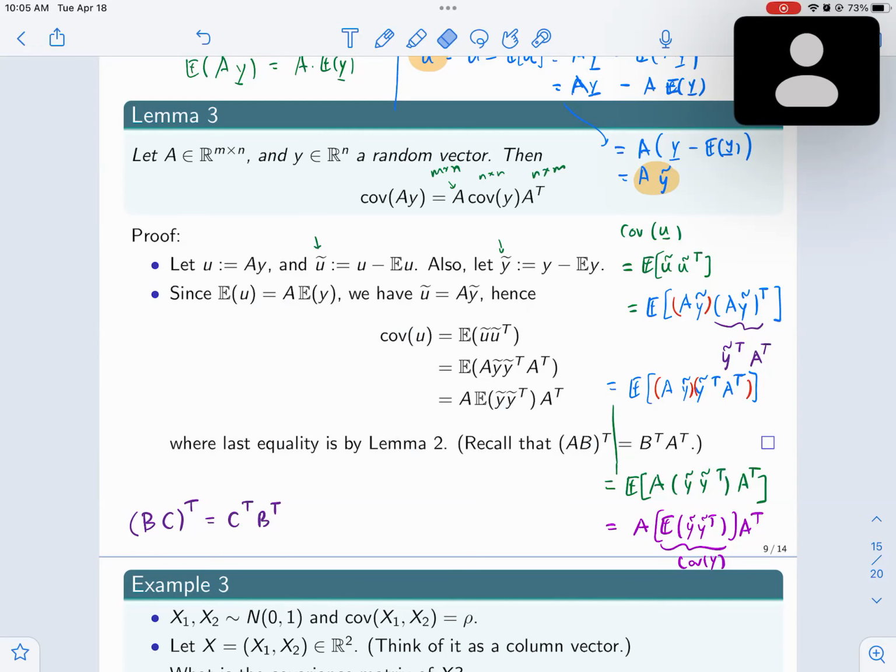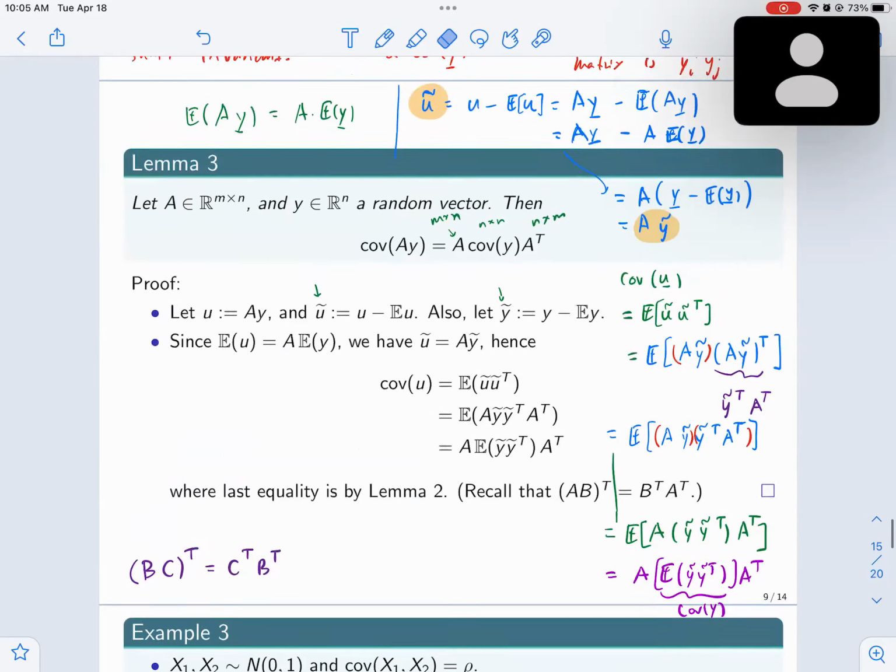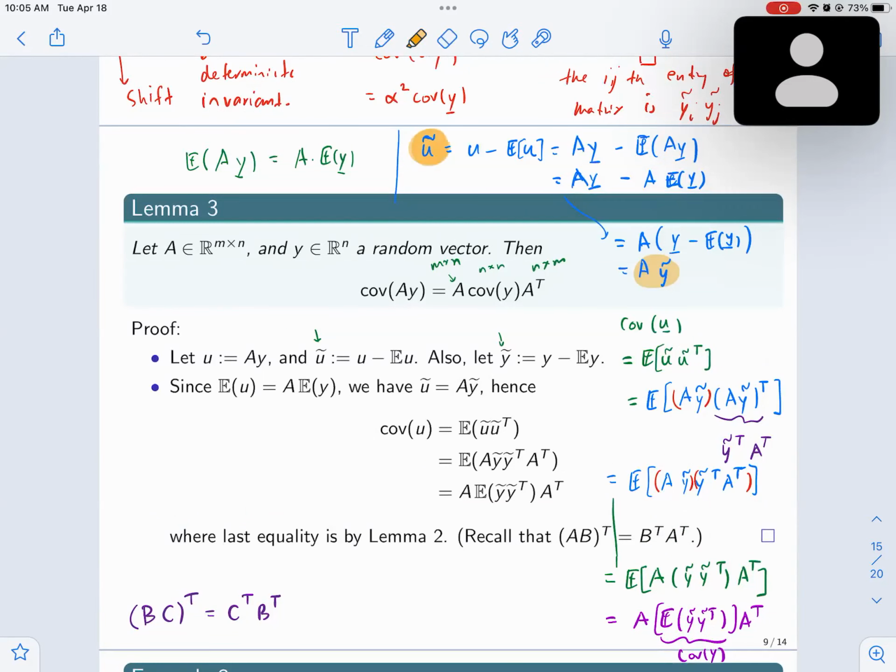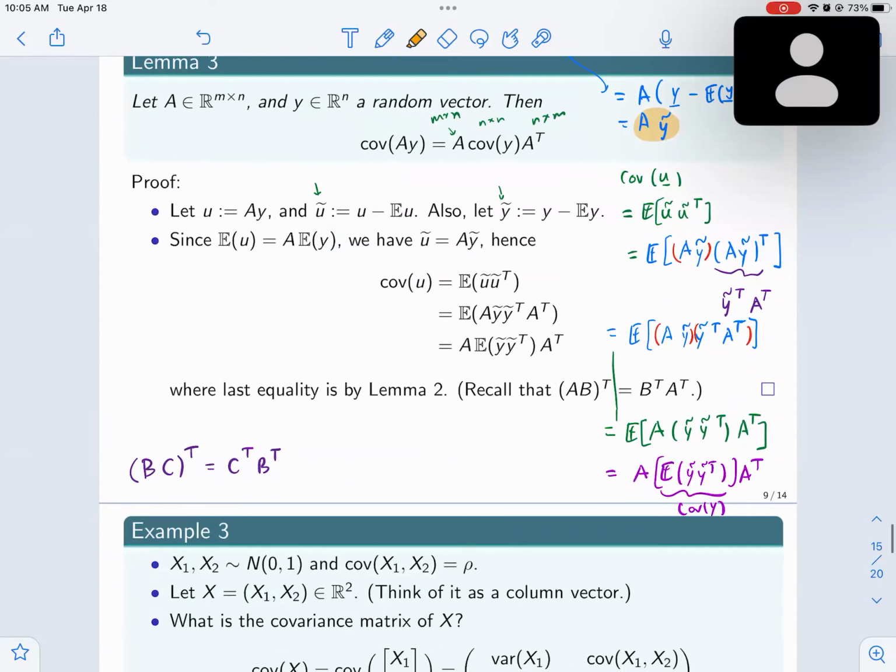We use the linearity of expectation twice: once to establish the identity u tilde is equal to A y tilde, and then again going from this step to that step. Sounds good. Questions?